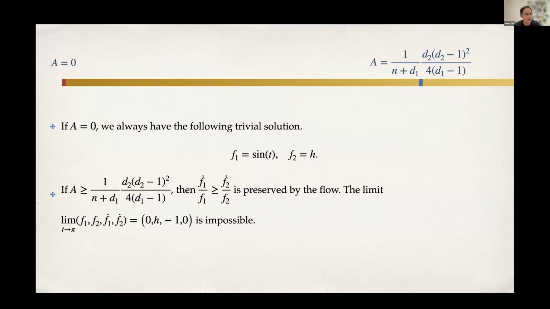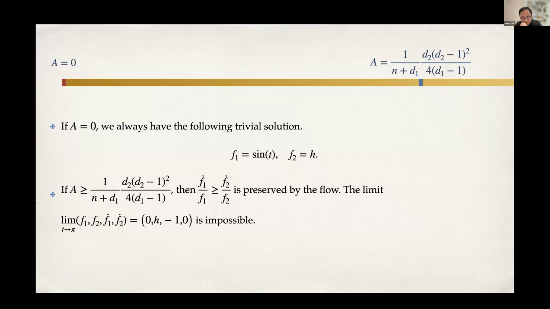But the question is, can we make A a little bit larger? If you give me a D1 and D2, a dimension pair, can we enlarge A a little bit larger than 0, so we can have some criteria to check? If A passes through some threshold, then the existence statement holds.